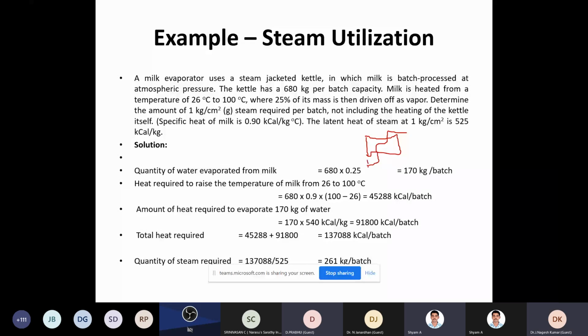So in this trap outlet, only condensate is coming. So we can open the flange at the outlet of the trap and collect the condensate. If it's a low pressure steam, collect the condensate in a bucket and see how much condensate is collected over a period of time. That gives you the kg of condensate collected per unit time, per hour or something.